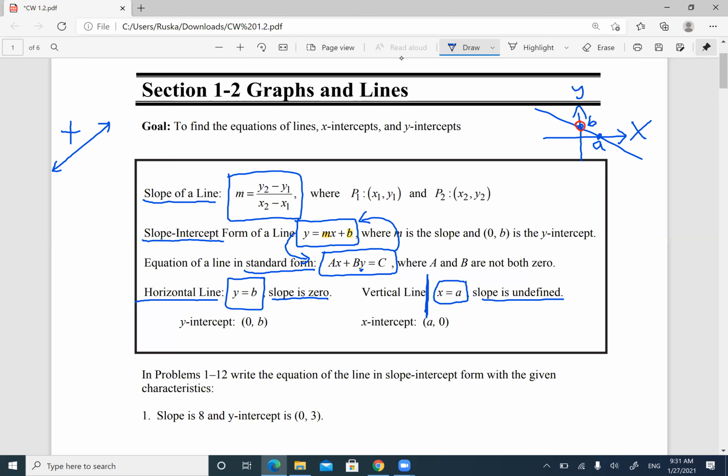Now, when the line is going down left to right, looking like this, the slope is a negative number. If you have a horizontal line, the slope is 0. If you have a vertical line, the slope is undefined. Okay? So these are the 4 cases.